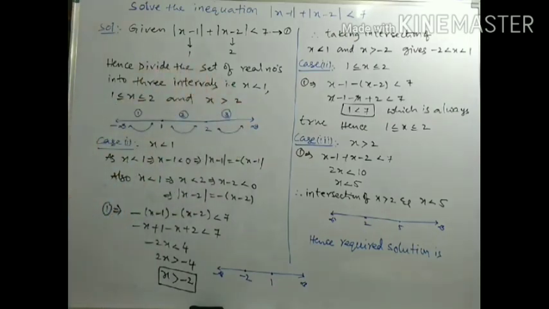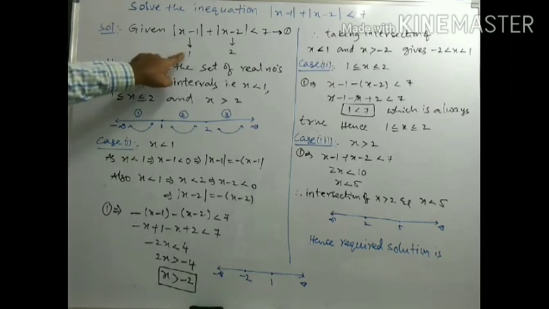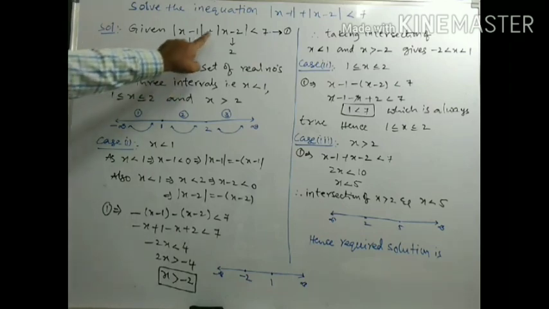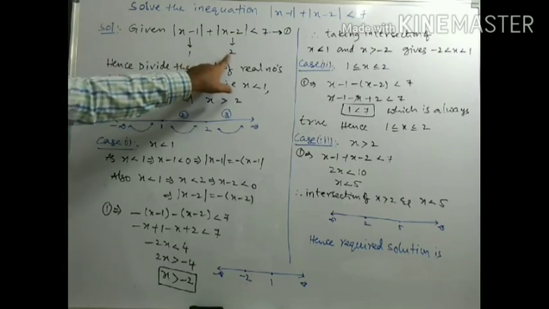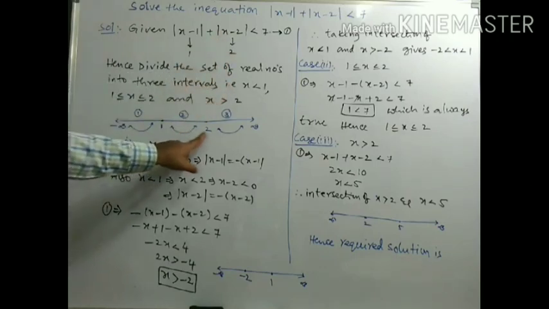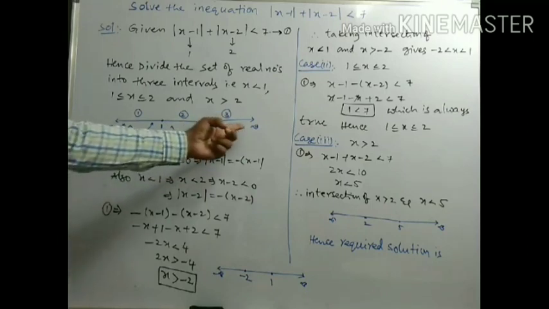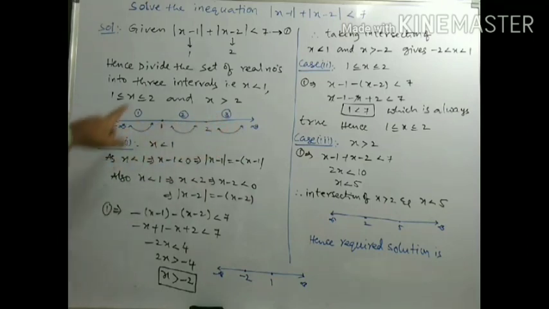So as per the rules of this type of problems, first we need to take the help of the sign scheme, where p of x and q of x are positive and negative. So for that, first let us equate it to 0 and find out the values of x. So here we got 1 and 2. So let us locate 1 and 2 on the number line. Hence the entire number line is now divided into 3 intervals.